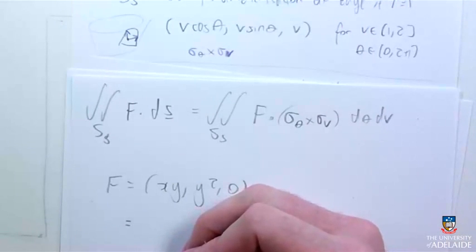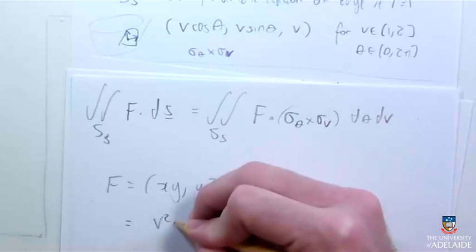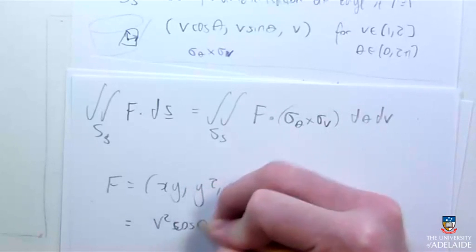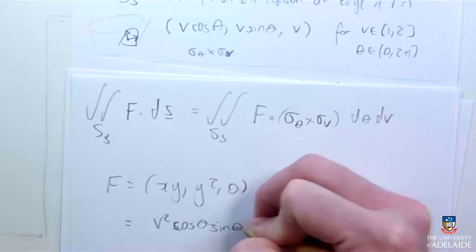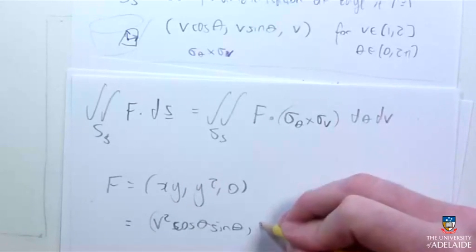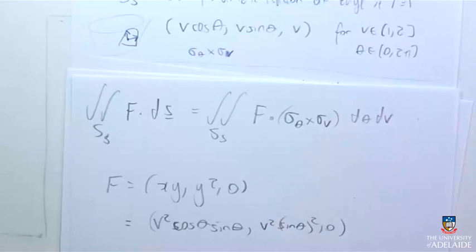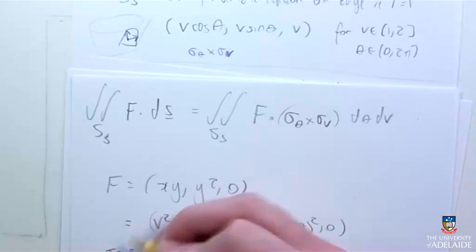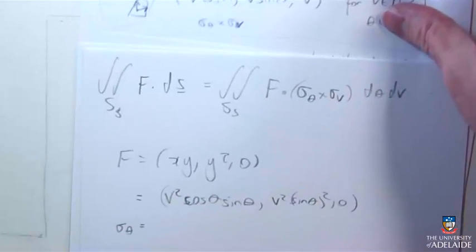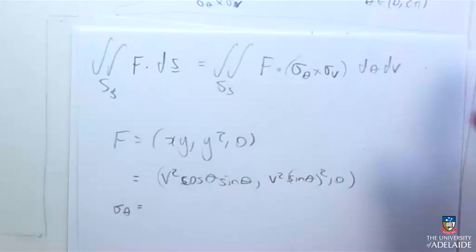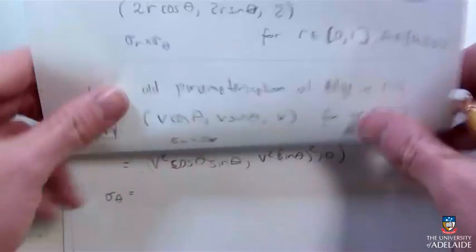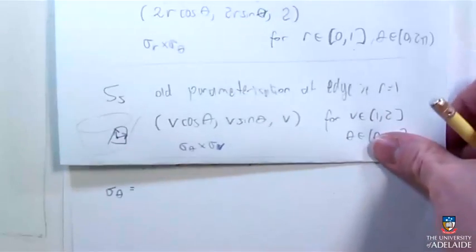So the x is v cos theta, the y is v sine theta, so v squared cos theta sine theta, and so v squared sine theta squared, 0. Beautiful. I'm just going to have to be referring to something that's not on the screen.